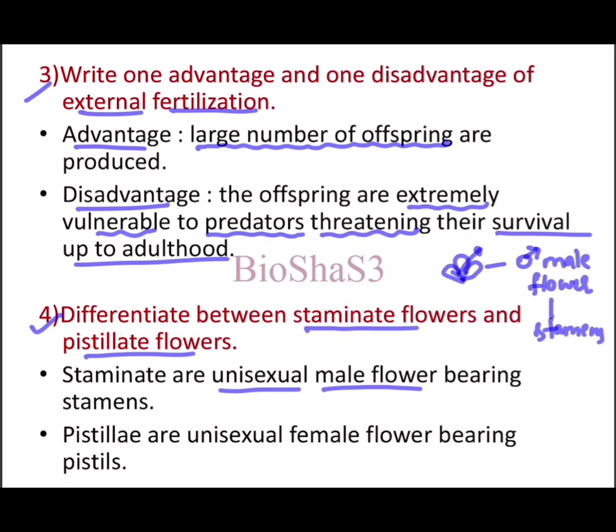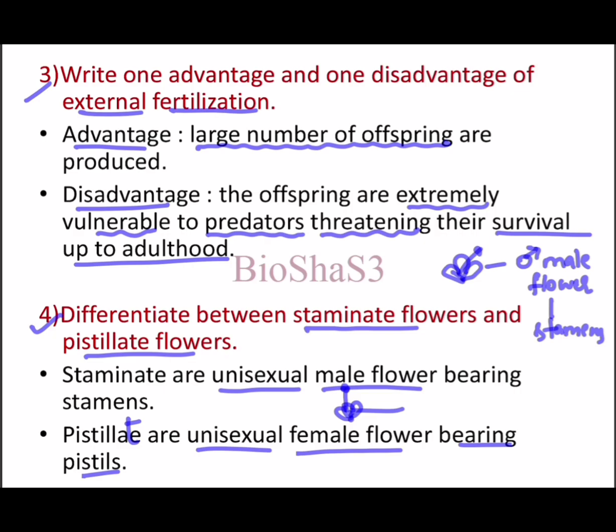Next, pistillate. Pistillate are unisexual female flowers bearing pistils or the gynoecium. Male flower means they will have an androecium. The female flower will have a gynoecium, isn't it? Suppose here there is one flower. They have one stigma.